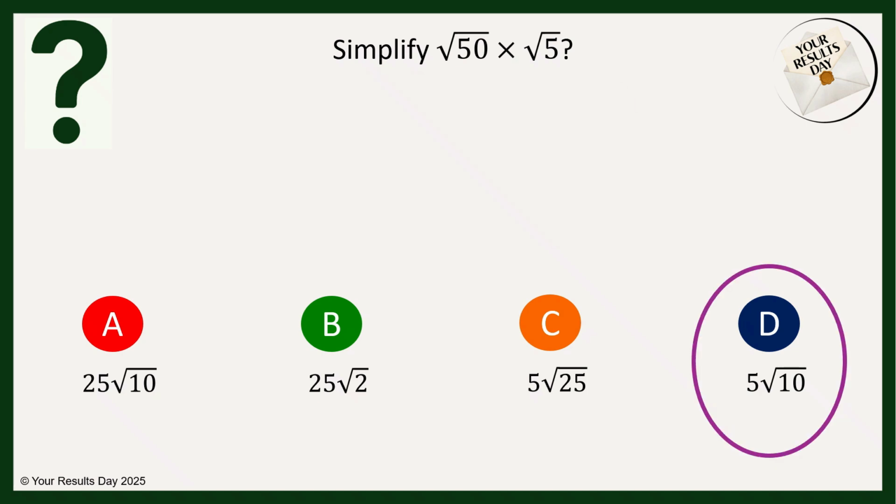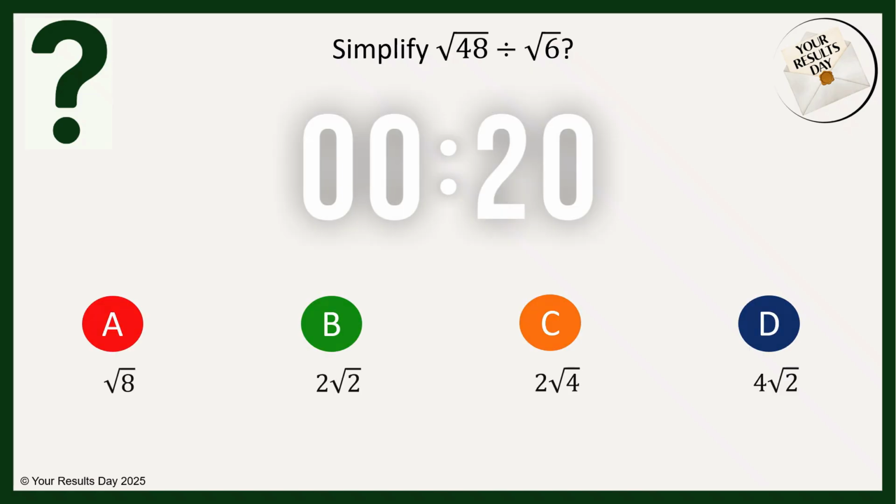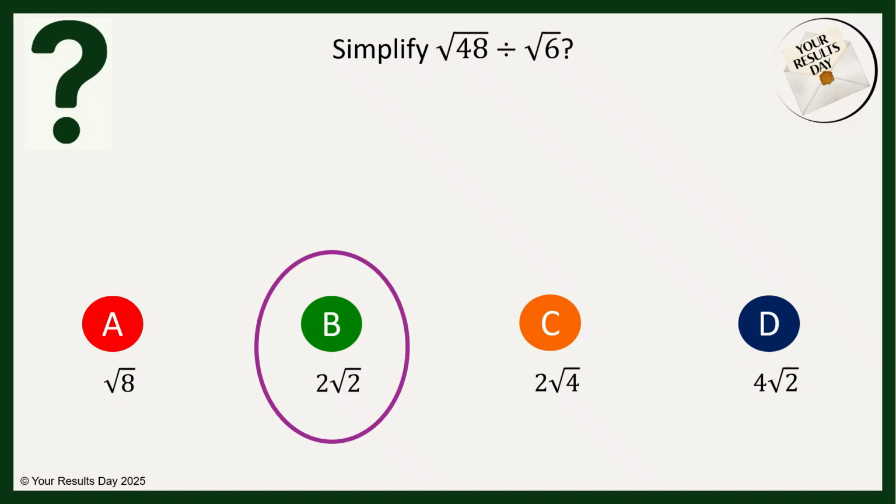That one was D. Simplify root 48 divided by root 6. That one was B.